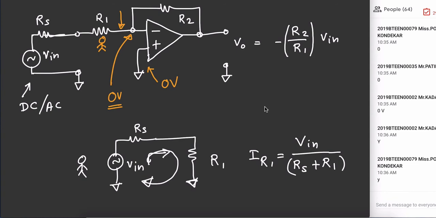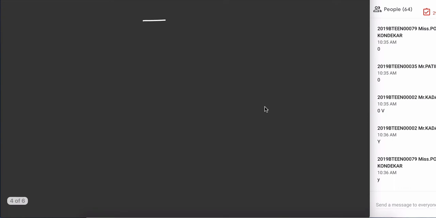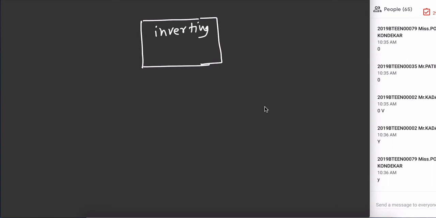So if I ask you a question, suppose this is inverting amplifier, in which R1 is 1K and R2 is 10K, what is the input impedance Z in of the circuit?